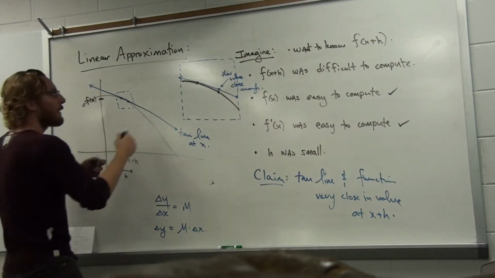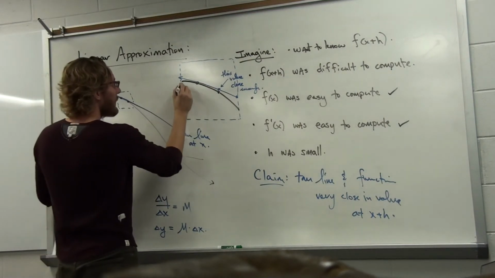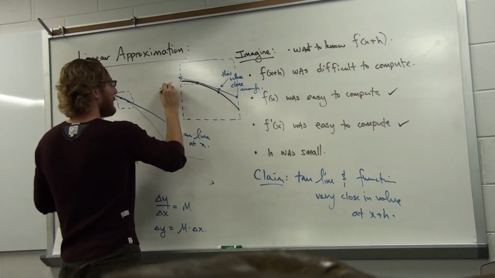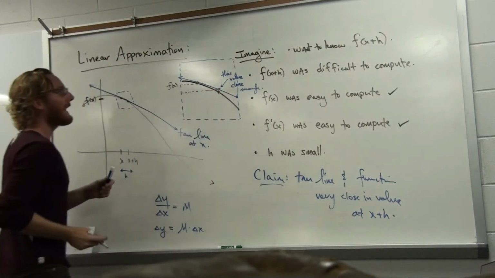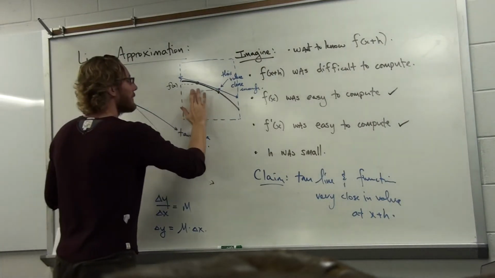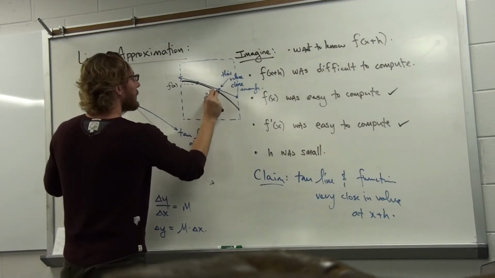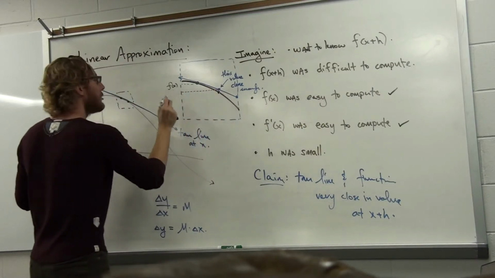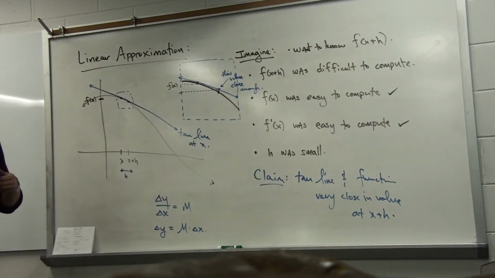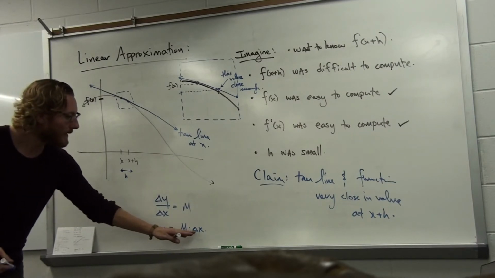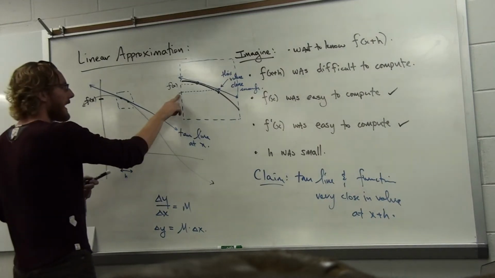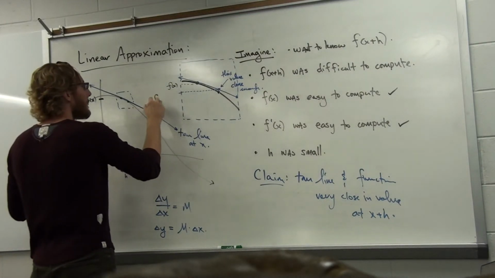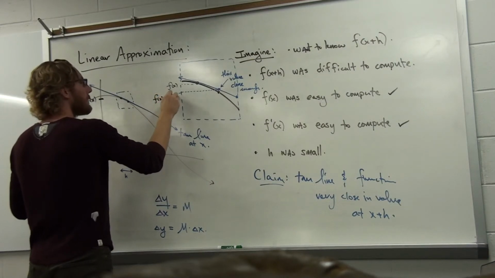So in this picture, the difference between our f of x value and our value along our function, let me hash that in blue so you can see that it's coming from our dashed blue value, is just some change in y, and that change in y is given by the slope times the change in x. So this value here is just going to be our f of x plus some change in y.